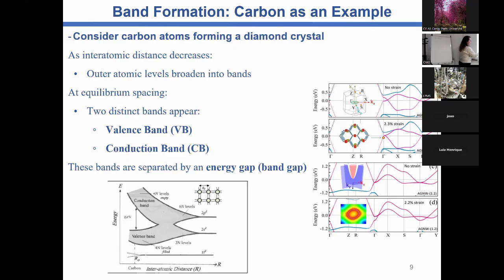energy around 6 electron volts, and this energy is higher than visible light, because visible light is around 2 electron volts.